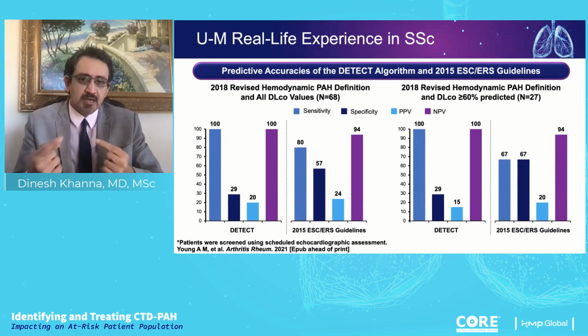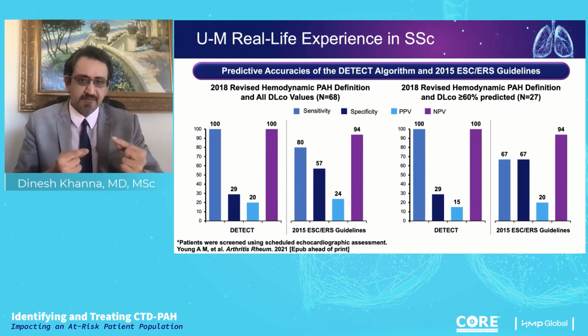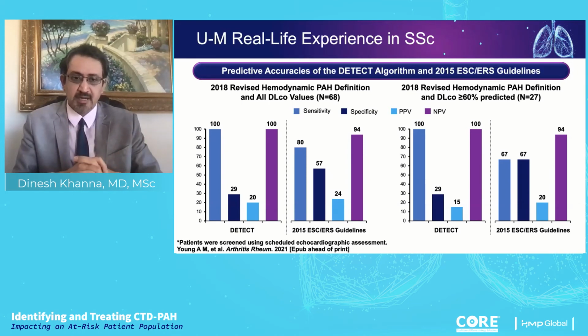Now, there's a trade-off when you have very high negative predictive values. The trade-off is low specificity or positive predictive value, as shown on the left and the right side, which are the middle, 29% and 20% for DETECT and 57 and 24 for echocardiogram. We all believe that pulmonary hypertension is lethal.